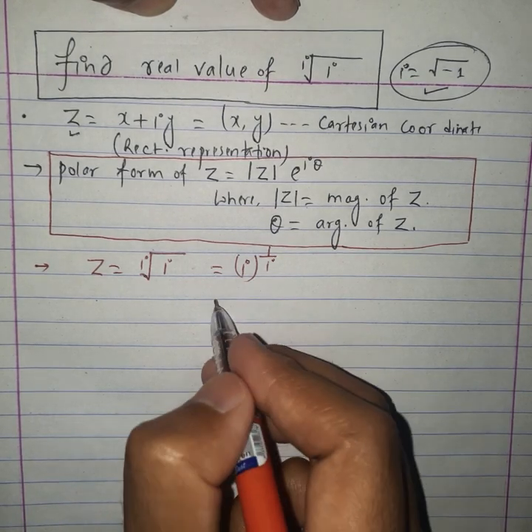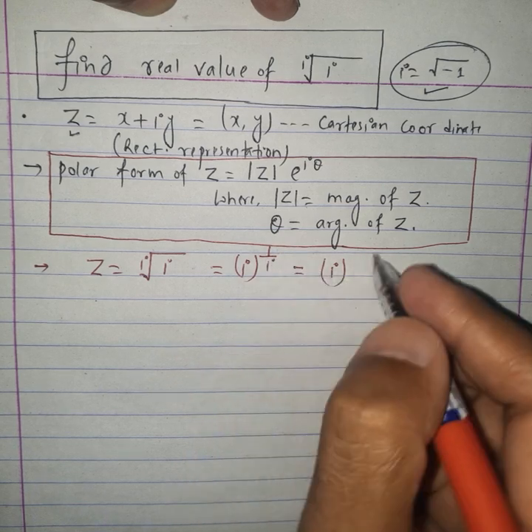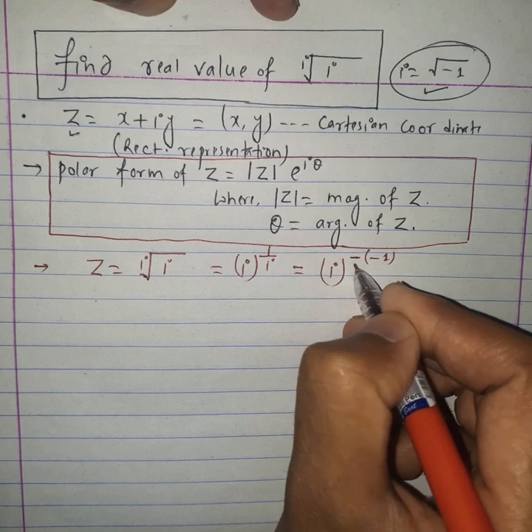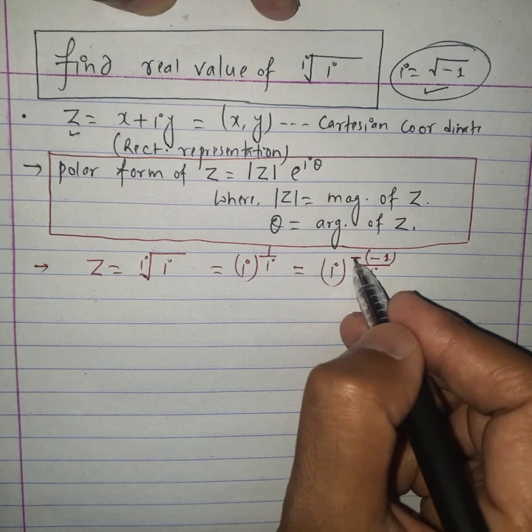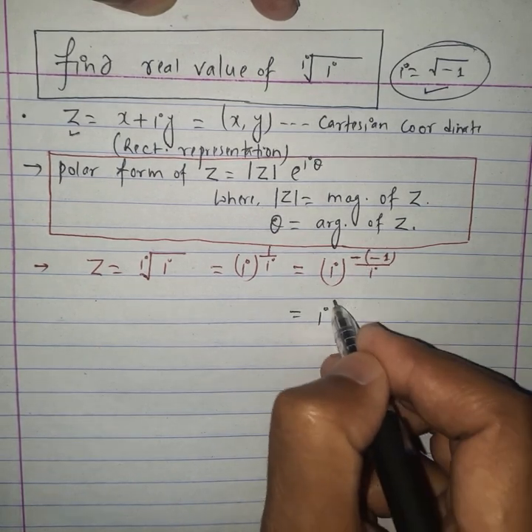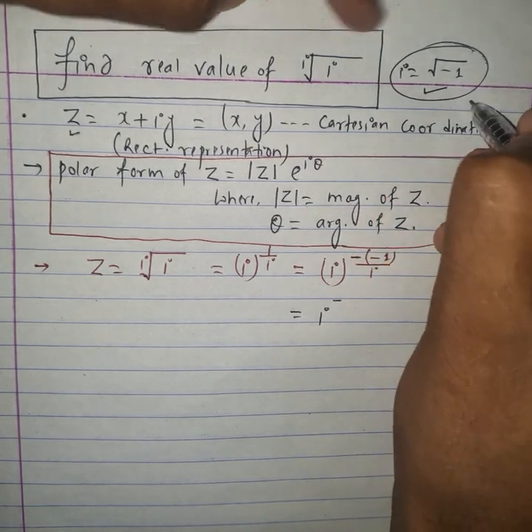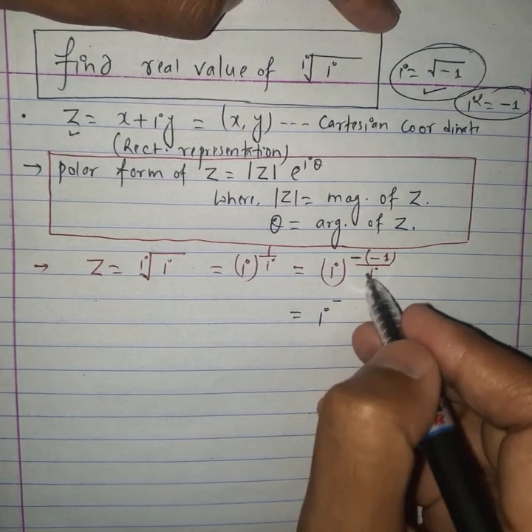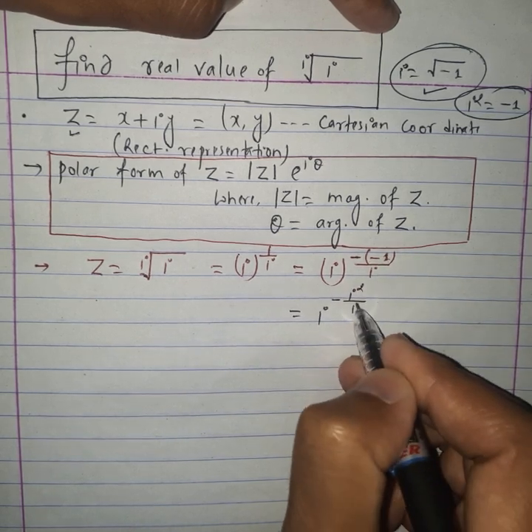Here, in place of 1 we write negative times negative 1, and negative 1 is just i squared. Please remember this very important point: negative 1 is just i squared. So in place of negative 1 we can write i squared, divided by another i.